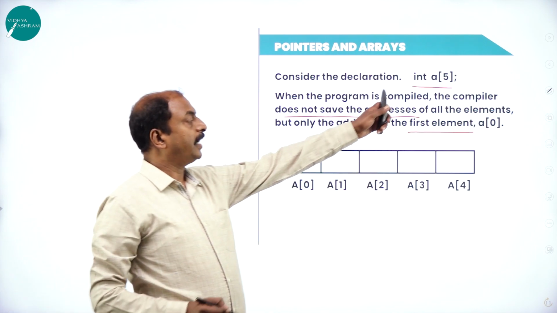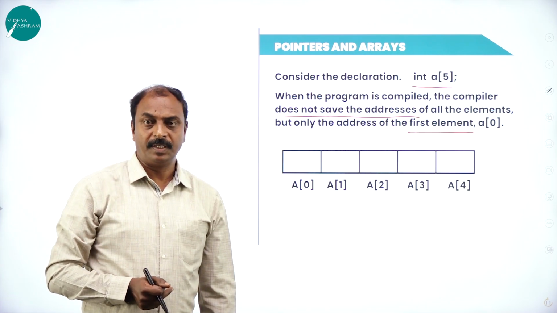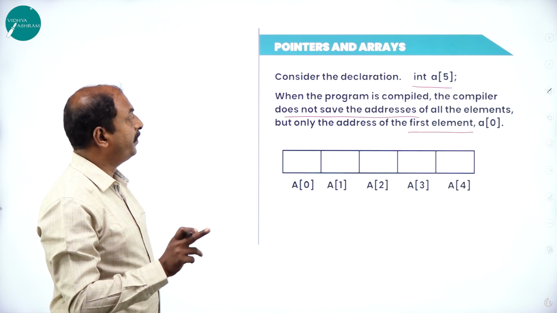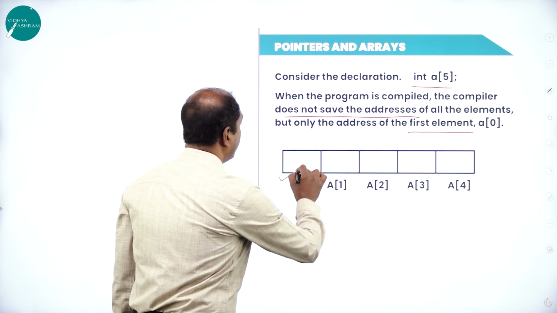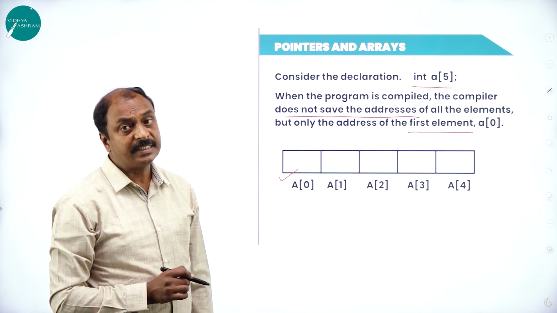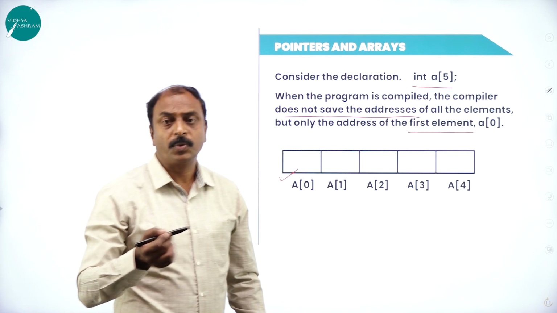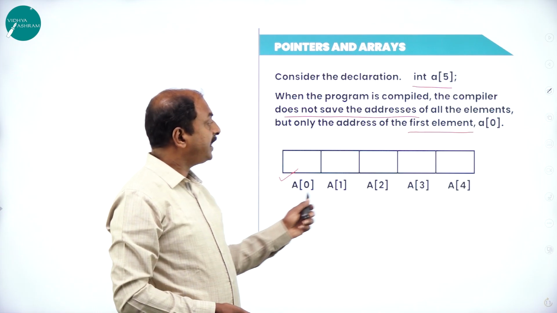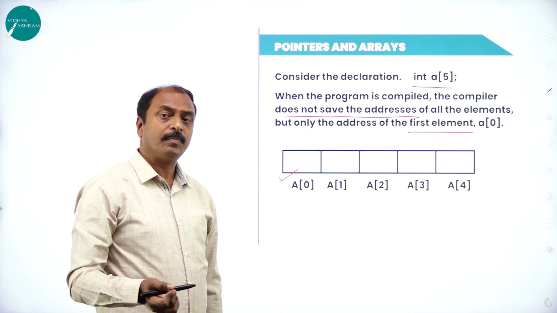When you compile with the concept of pointer variables, the pointer variable stores only the address of the first index, that is a[0]. Later, during program execution, it takes the addresses of the remaining cells one by one.